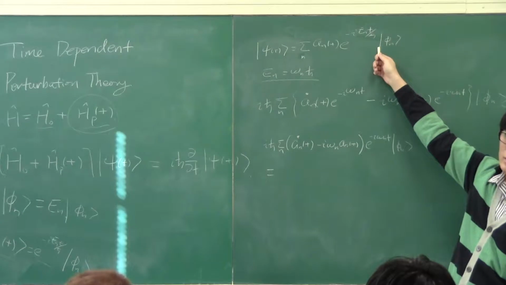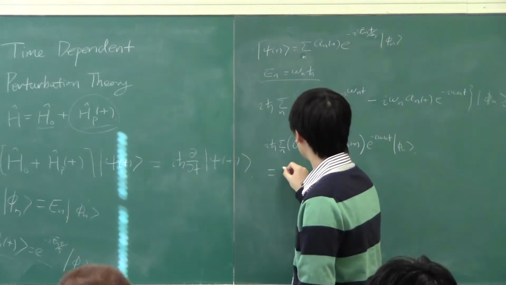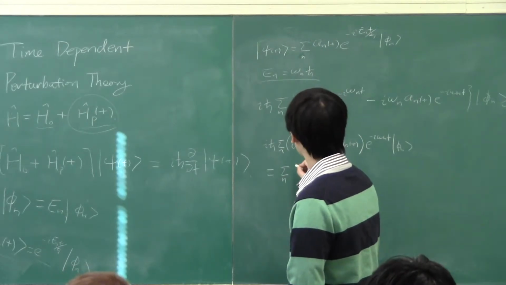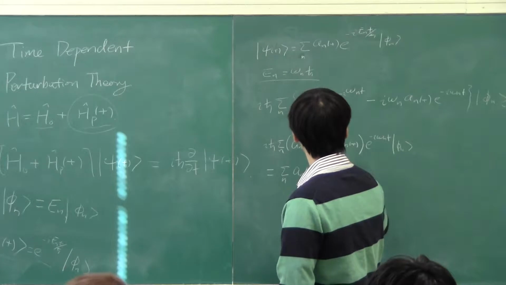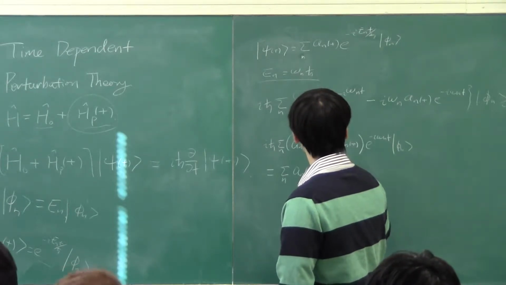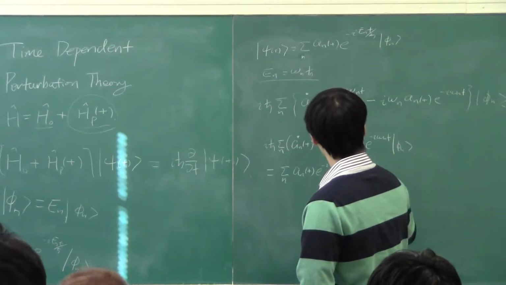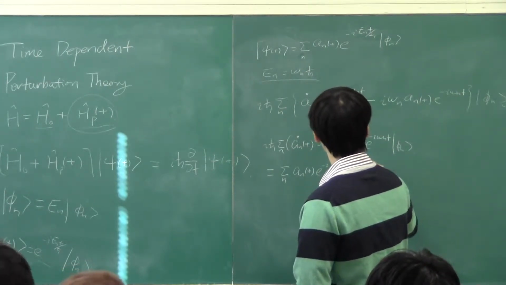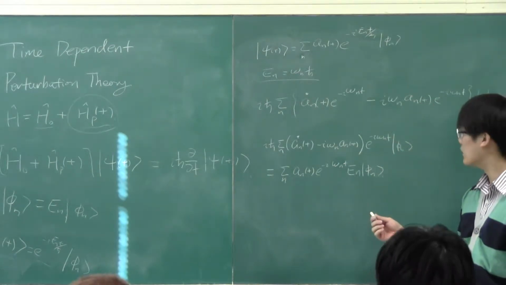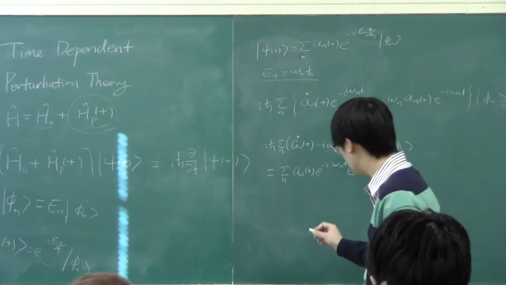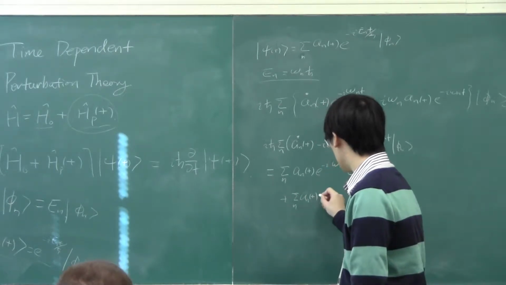You move it right here, and it brings down the energy. This comes from the first term. And then the second term we can't really do anything to it, so we write it explicitly.